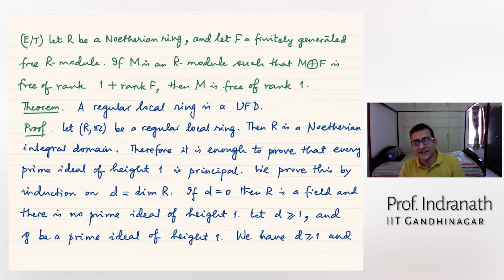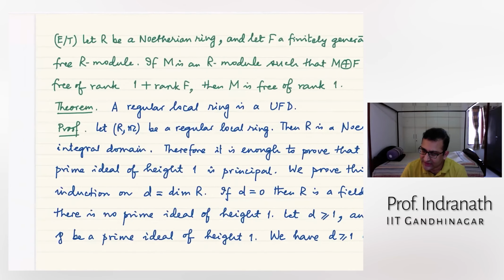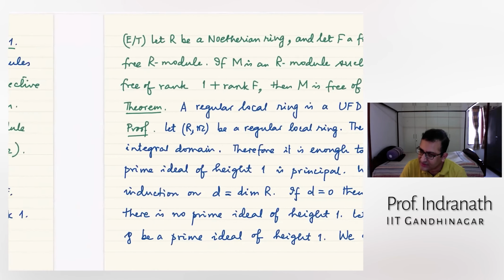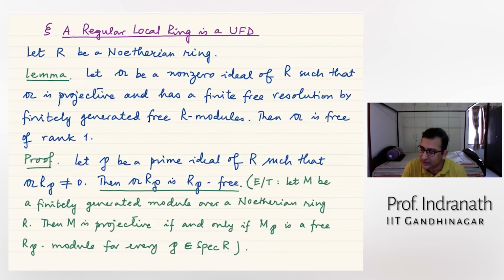These are observations we are using for want of time, but they will all be added in greater detail. So if you have a non-zero ideal, you don't need anything beyond a Noetherian ring. The projective condition and the existence of a finite free resolution by finitely generated free R modules ensures that it's a free module of rank 1.